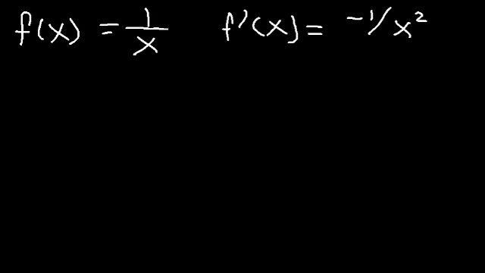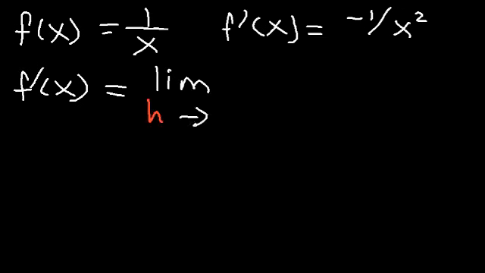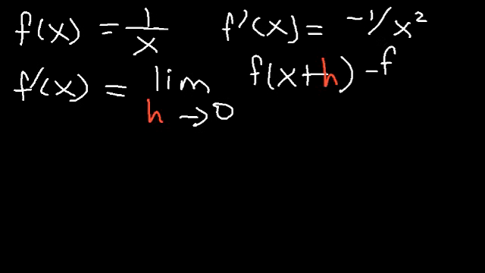So now let's calculate the derivative using the limit equation. Let's write the original equation. f prime of x is the limit as h approaches 0 of f of x plus h minus f of x, divided by h.